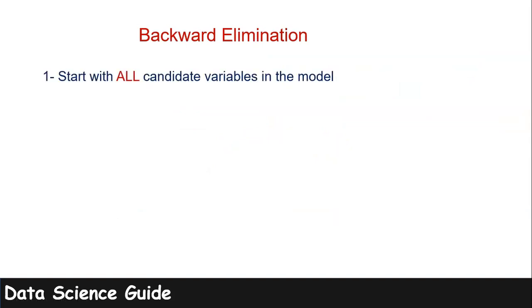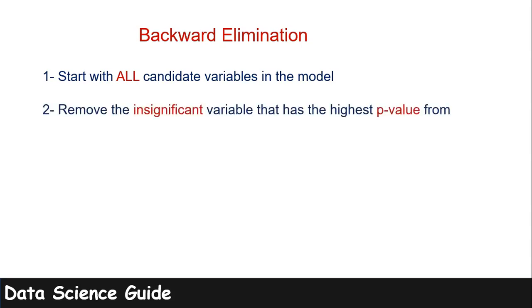The second method is the backward elimination. In this method, we start with all candidate variables in the model and start eliminating them one by one if they are insignificant. We start by removing the insignificant variables that have the highest p-values. Let's say that when we run the model, we found that two variables are insignificant.